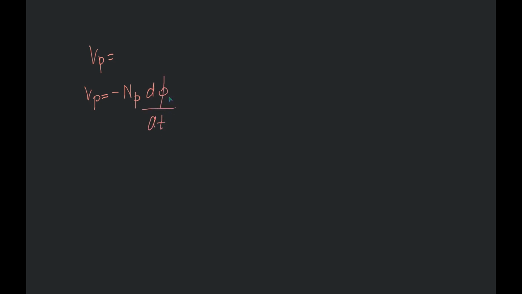Similarly, in the secondary, Es, the voltage or induced EMF across it, is minus dφ by dt. This is the EMF across the secondary coil, so it is equal to ns dφ by dt.